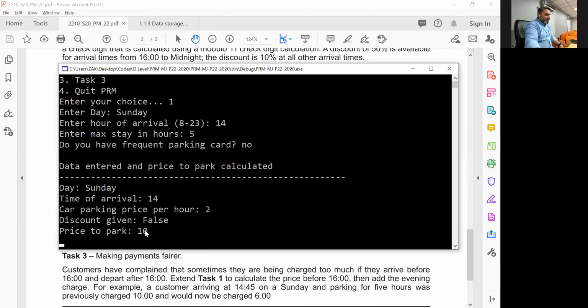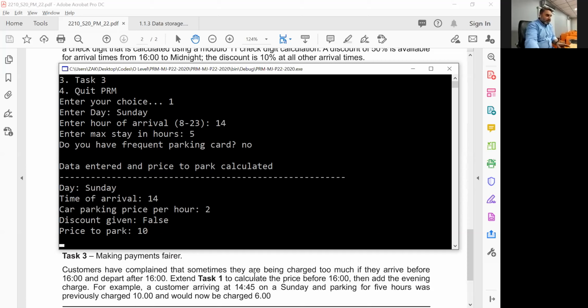They are being charged for all 5 hours as per the rate that was enforced at the arrival time. Now they say they would now be charged 6. So if they have arrived at 1400, for the 14th hour and 15th hour they should be charged 2 each. And afterwards, a flat rate of 2, which will make it 6 rather than 10.